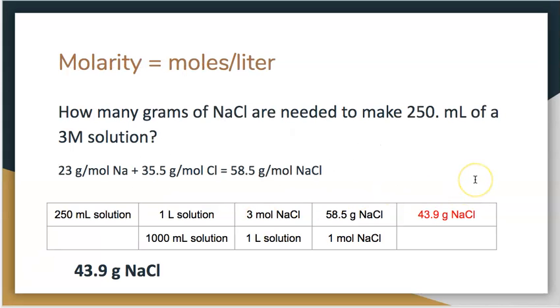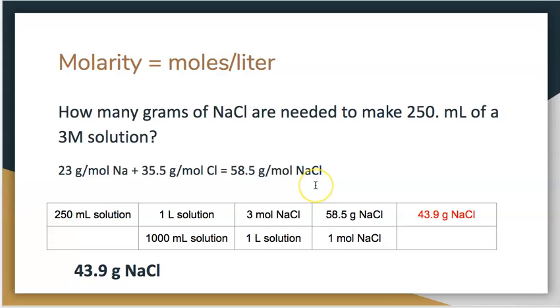Let's try something a little more complicated now, putting together some pieces that you've already learned. If I ask how many grams of NaCl, notice that I said grams this time, are needed to make 250 milliliters of a 3 molar solution. Well, we're going to need to know the molar mass of NaCl. Sodium has a mass of 23 grams per mole, and chlorine is 35.5 grams per mole.